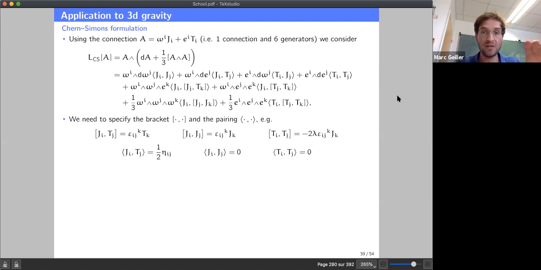Now, if you use this piece of information, the brackets and the pairings, we can show, and I again invite you to show this explicitly, that the above expression for the Chern-Simons Lagrangian reduces to just the Einstein-Cartan Lagrangian plus a boundary term.